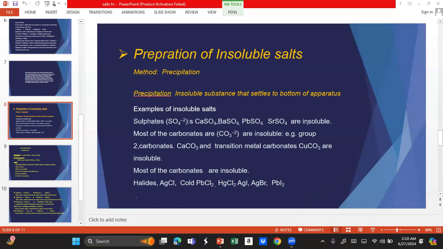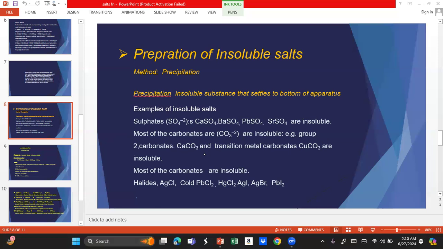With the exception of these salts, all other sulfates are usually soluble in water. Most of the carbonates are insoluble, with the exception of group 1 carbonates, like potassium, sodium, and ammonium carbonate. Those are soluble, but all other carbonates are insoluble.